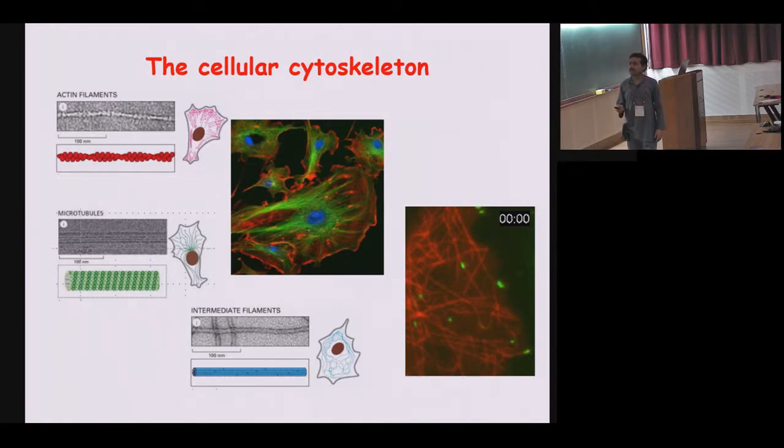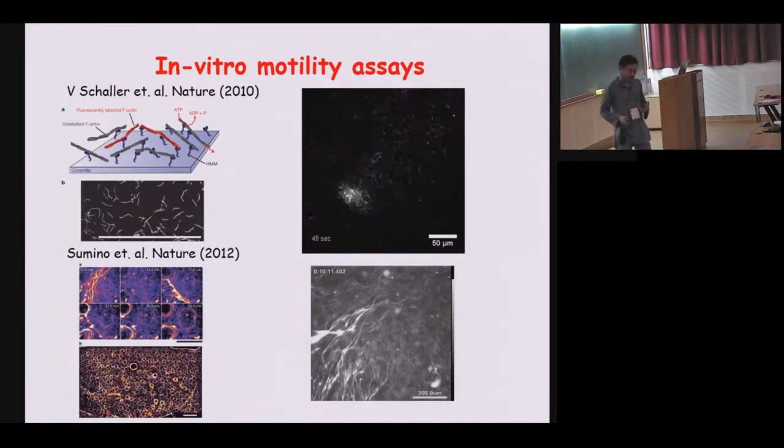It turns out that a large amount of information about the cytoskeletal components, which comprise these filaments and these motor proteins, which are active, rendered active by hydrolysis of a chemical fuel, either GTP or ATP, comes from in vitro experiments.